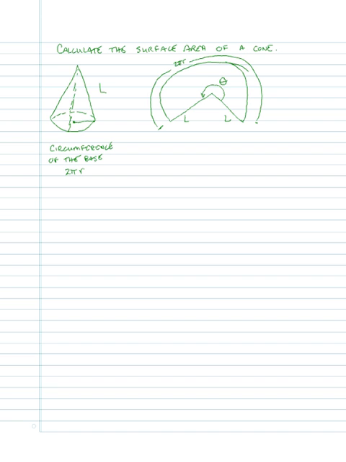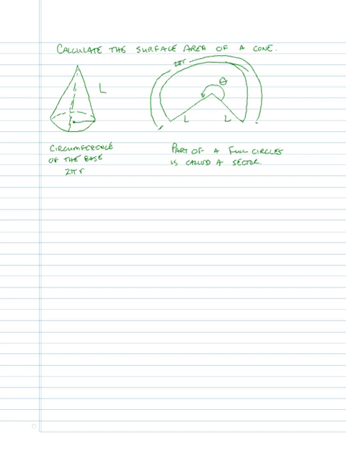Now, what we're really looking at here is a sector of a full circle. Part of a full circle is called a sector. And we're looking at part of a full circle.